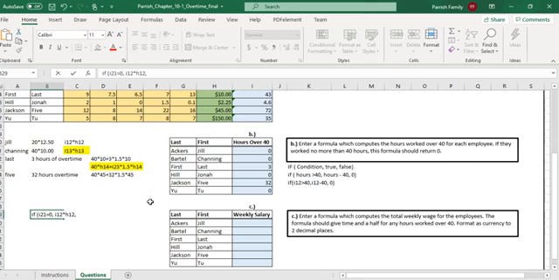Otherwise, I'm going to do 40 times Jill's wages, which are H12, plus Jill's overtime, which is I21, times 1.5 times Jill's wages, which are H12.